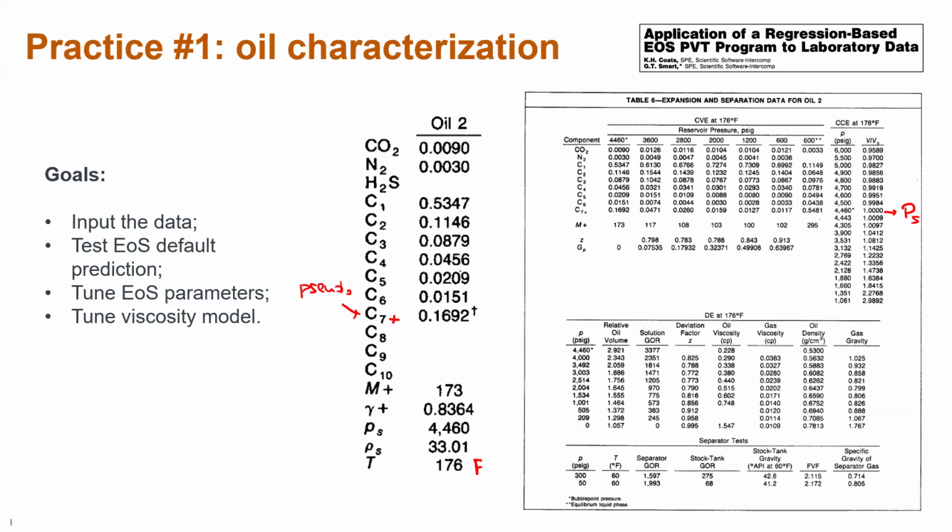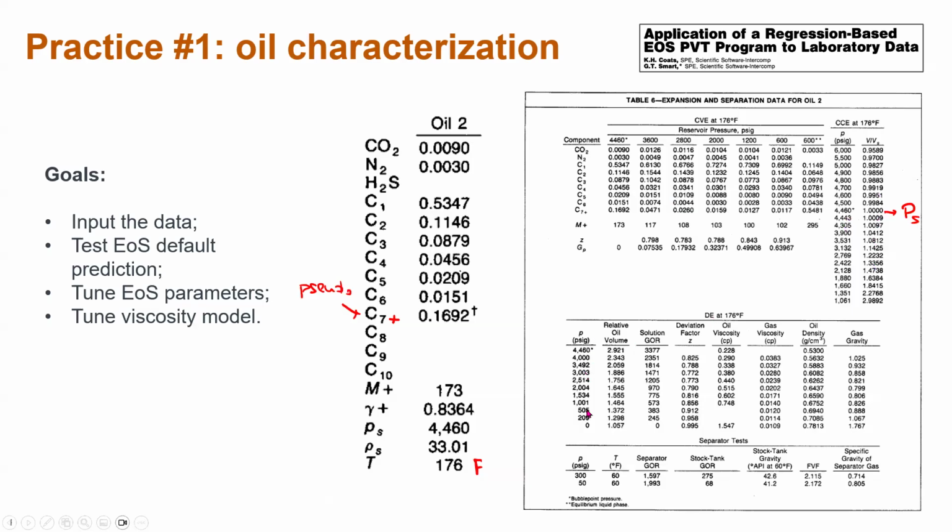Below the bubble point, if you reduce the pressure, more gas is released. However, the oil will shrink. So we reduce the oil volume because more gas has been released as the pressure reduces further, and this ratio will change. You have the differential liberation in this table, so this table is very complete.